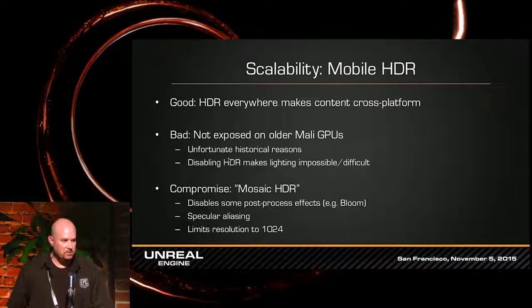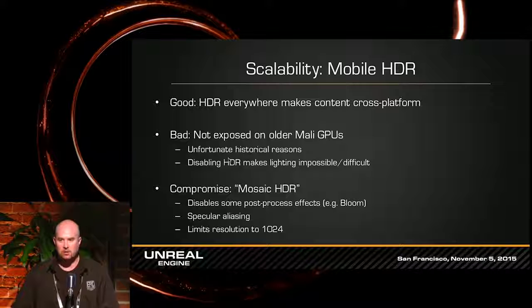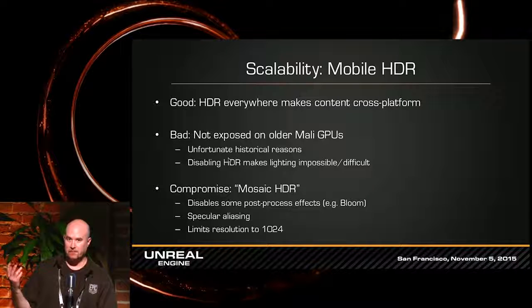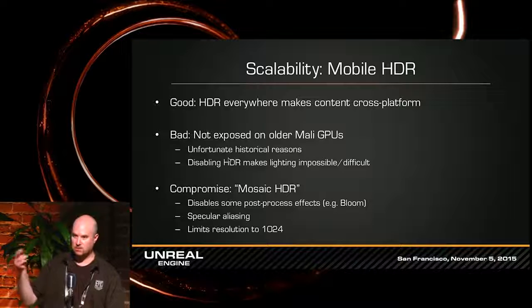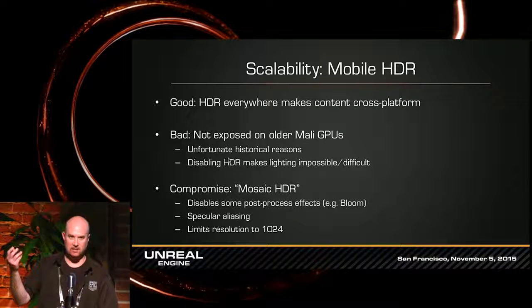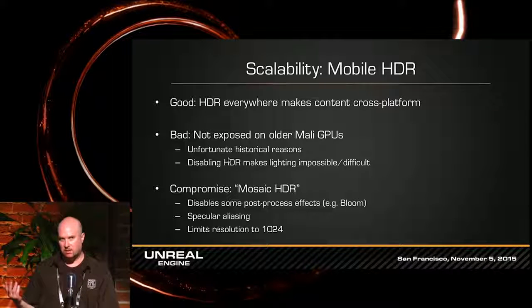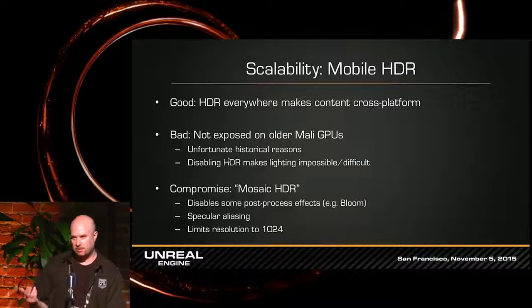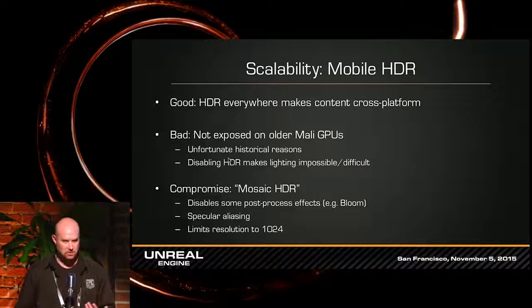So for those GPUs, we came up with a compromise in UE4. We call it mosaic HDR, where instead of storing a 16-bit floating point, we store two 8-bit values, two pixels representing the value of just one pixel. So it basically halves your resolution, or uses twice as much data per pixel, but it's the same thing as FP16 anyway. That would also use twice as much memory for a pixel.